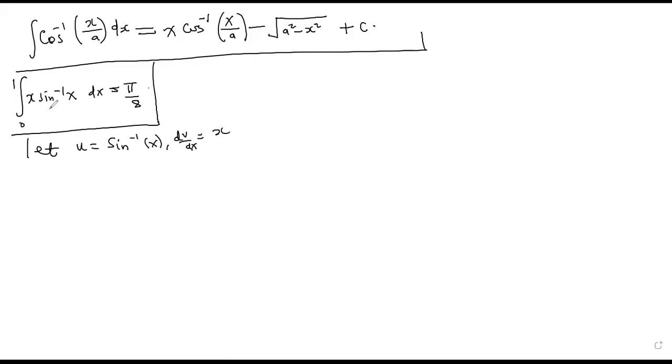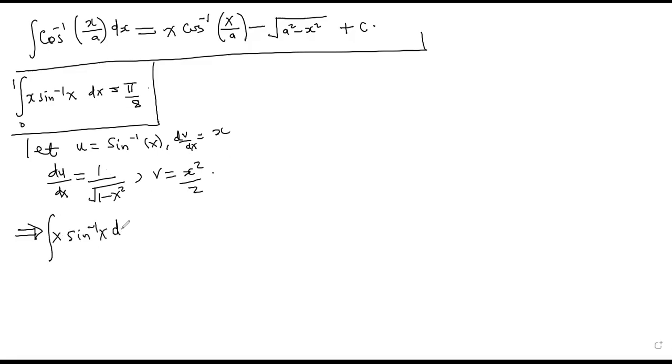Looking at this, we had already seen the derivative of sine inverse and we had already proved it. So du dx is going to be equal to 1 over root 1 minus x squared, and v will be x squared over 2. So my integral, let me first discard the limits, x sine inverse of x dx is going to be equal to uv.